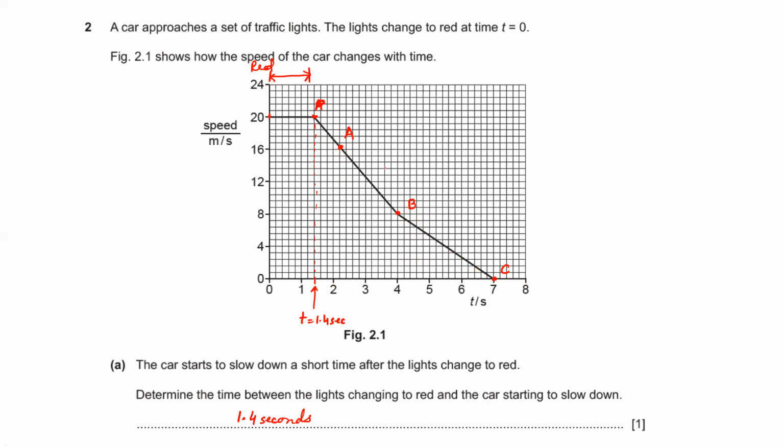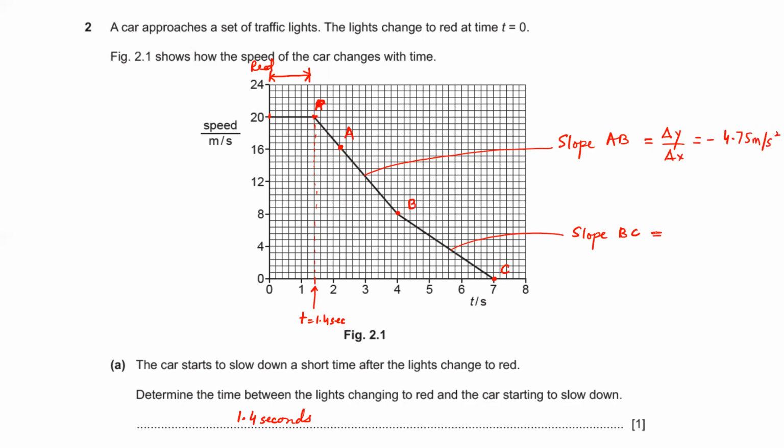So just find out the slopes. So let's find the slope of AB and the slope of BC. The slope of AB is basically the rate of change along the y-axis, so delta y divided by delta x, and this is equal to minus 4.75 meters per second square.